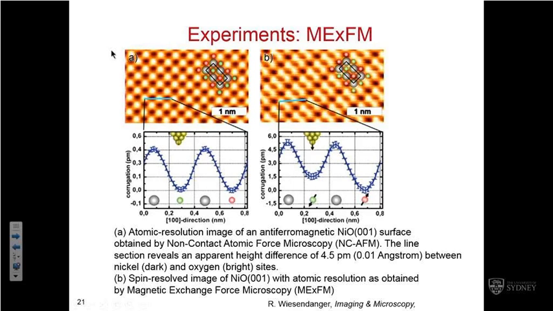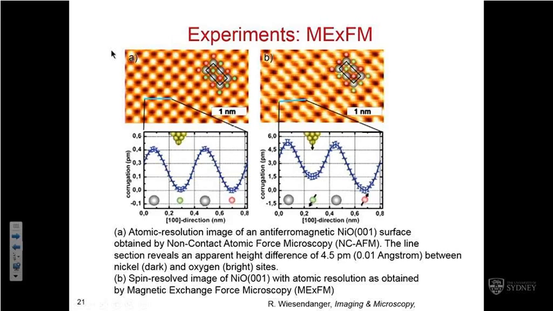I guess some of you know about atomic force microscopy. It's where you've got a tip and it's running across the surface of a material, okay, and it adjusts its height according to the force it feels somehow from the atoms. And you get these patterns, okay, which reflect the position of the atoms on your surface.